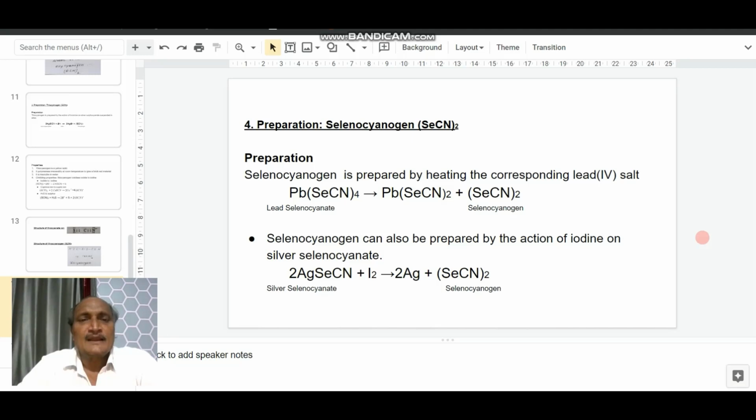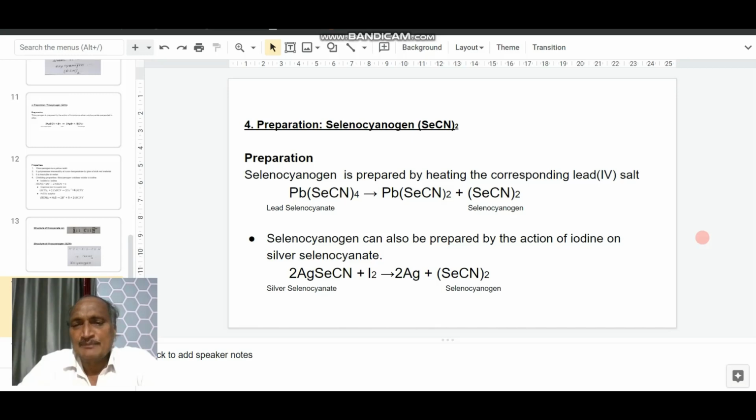Coming to the preparation, selenocyanogen is prepared by heating the corresponding lead 4 salt, that is lead selenocyanate. On heating, it gives lead selenide and selenocyanogen.